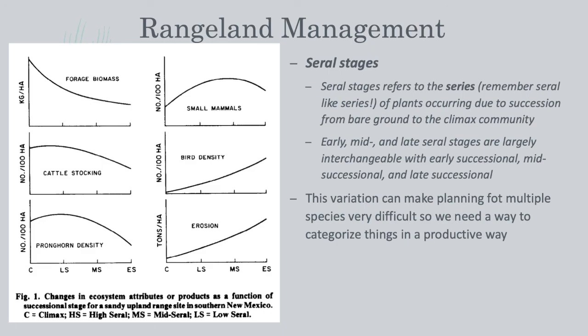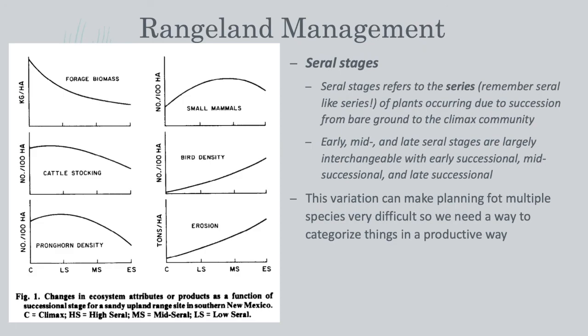So basically, the climax community, the endpoint, is on the left, and you're going sort of back to early cereal, which would be your grass dominated, etc. And then we have all these different metrics here. We've got forage biomass, so how much food is out there for grazing, cattle stocking ability, pronghorn density, erosion, bird density, and small mammal density.